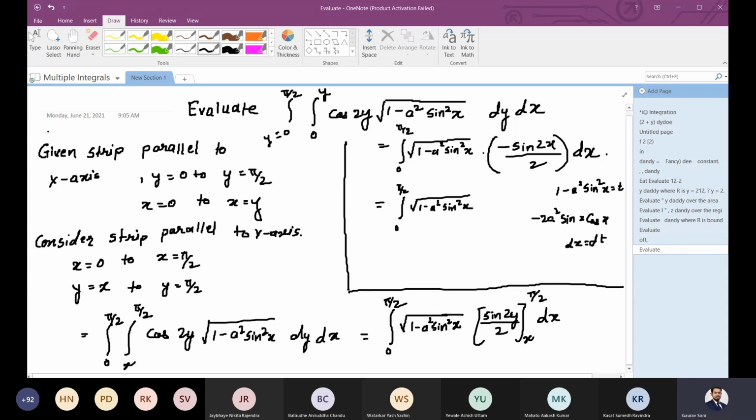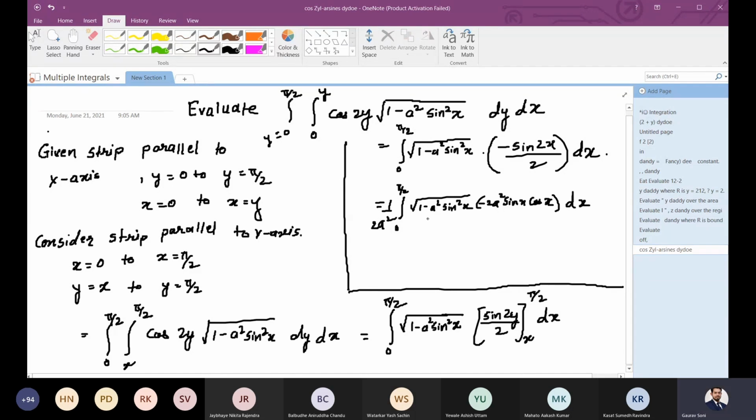So what we need is, the sin of 2x can be written as 2 times sin x cos x. So multiply and divide by a square. So this will be minus 2 a square sin x cos x, I will write this, sin x into cos x dx.